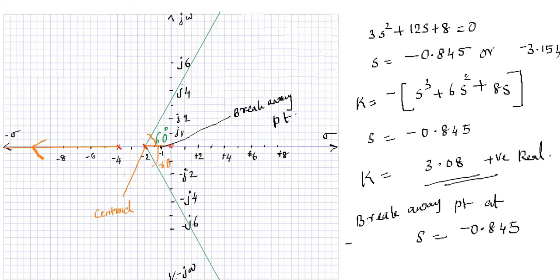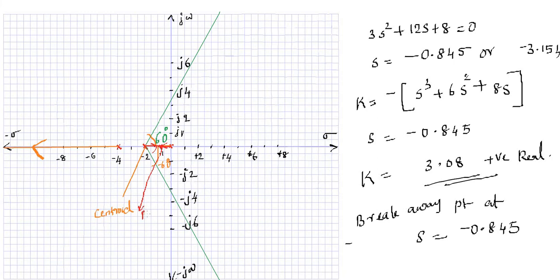Now, we can draw the root locus as a branch that starts from minus 2, that is one branch, and another branch starts from 0, that will meet approximately here at the breakaway point.